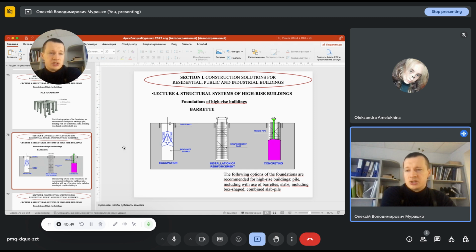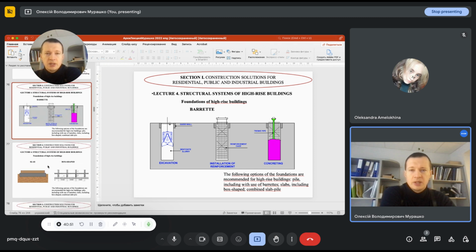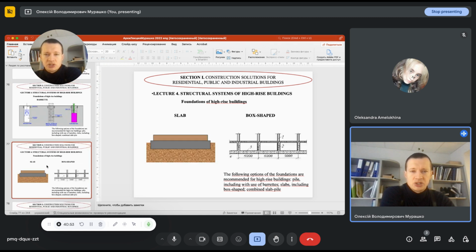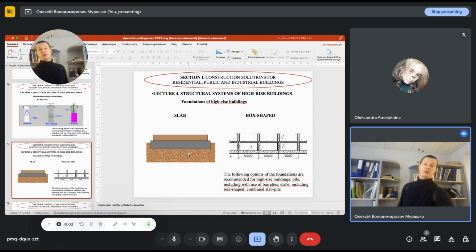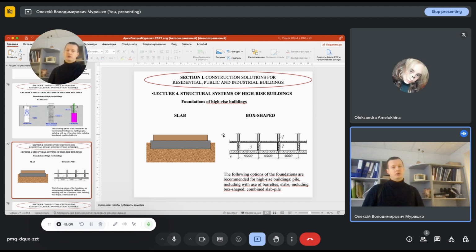So that gives us the ability to create a foundation called barrettes. Next is a slab foundation. It can be used for a multi-story building, in the variant of a box shape or flat slab. Sometimes the thickness of such slabs may be 3 or even more meters, but this type of foundation can be used only when we have good ground conditions.